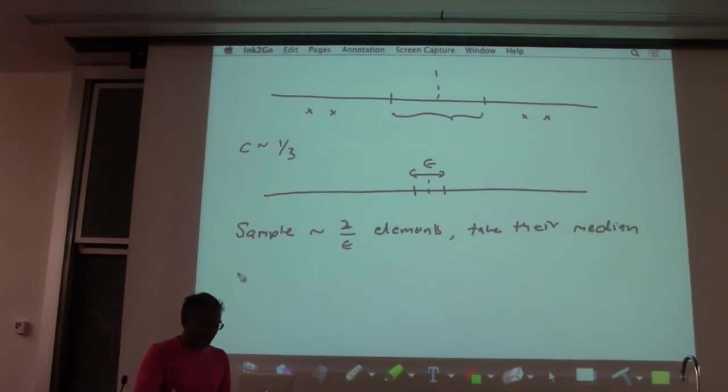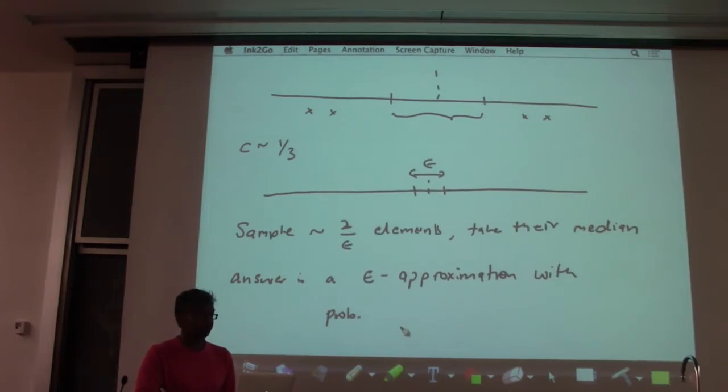Then the answer is an epsilon approximation with probability something like 1 minus 1 over 2 to the 1 over epsilon. It's a very large number.